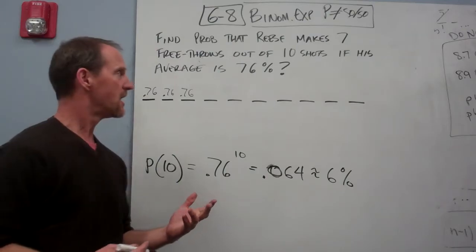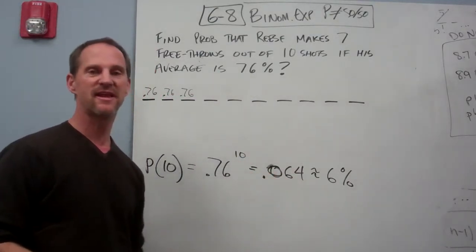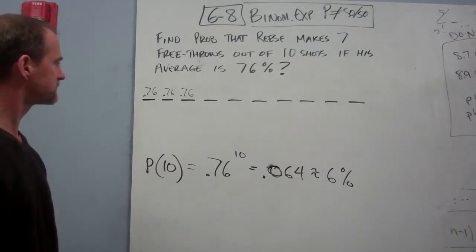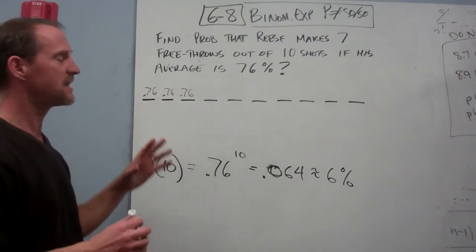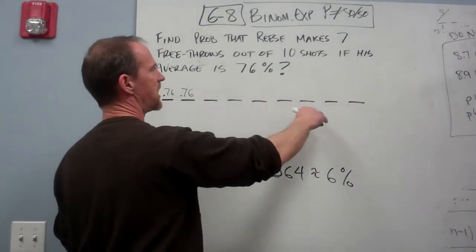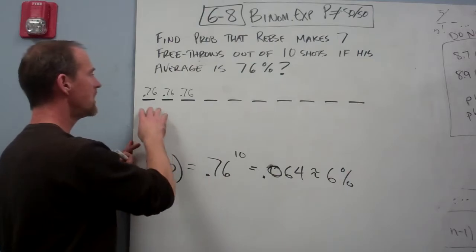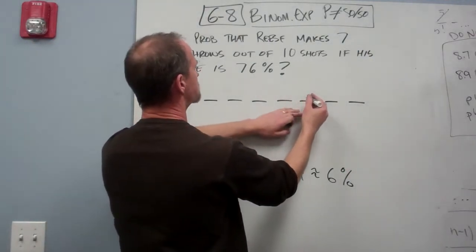So Reese is good, but to make 10 in a row is still going to happen less than 1 out of every 10 times that he has a game where he takes 10 free throws. If we're going to now think of it where he has 3 misses somewhere in his 10 shots, he can miss 3 times and make 7 times. It could be that he makes the first 7 and then the last 3 he misses.